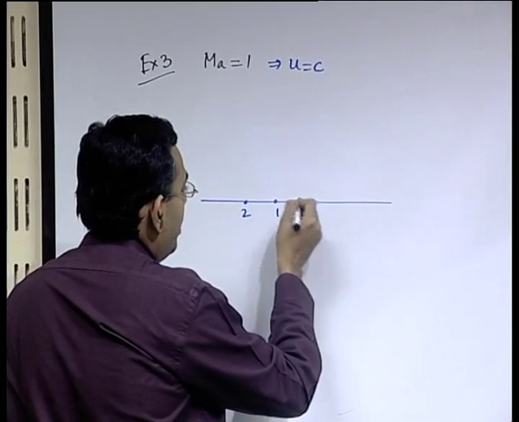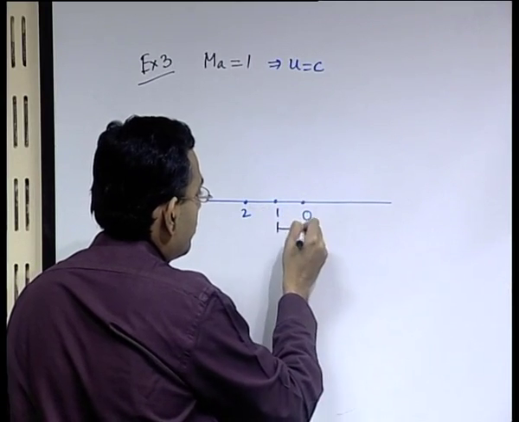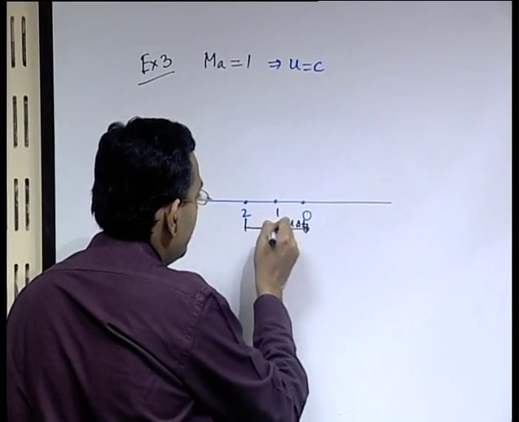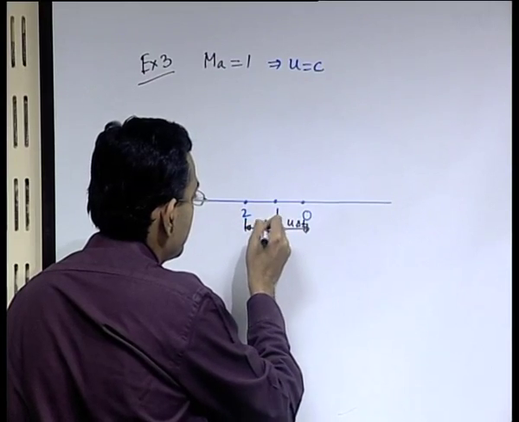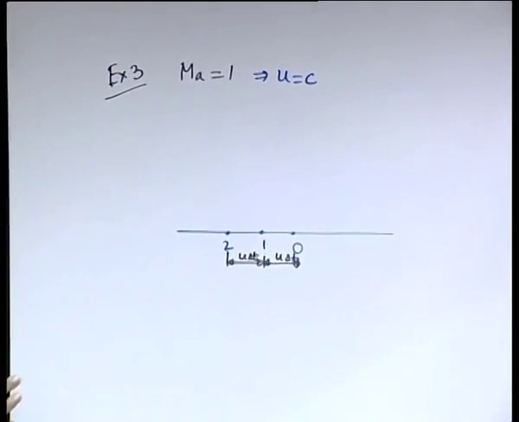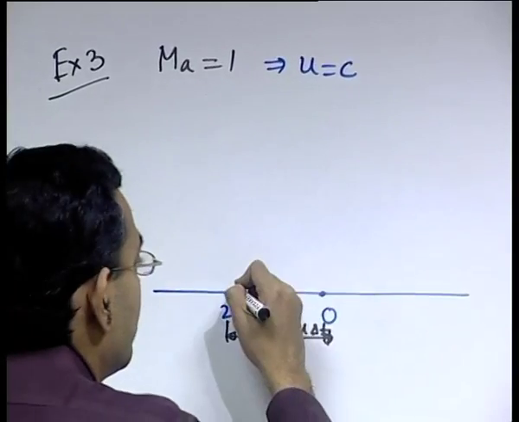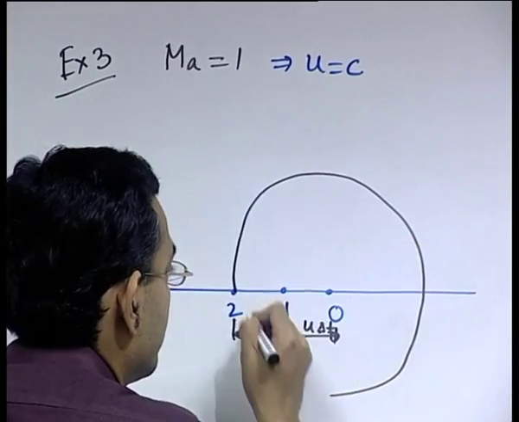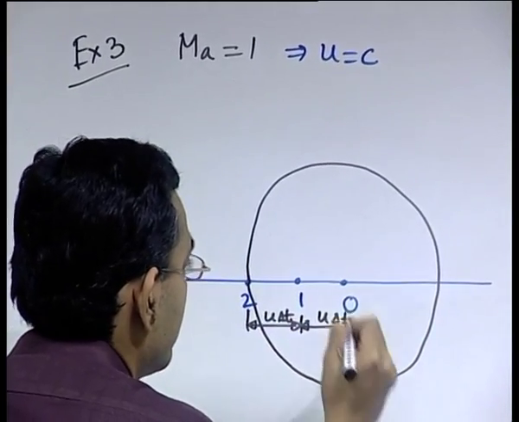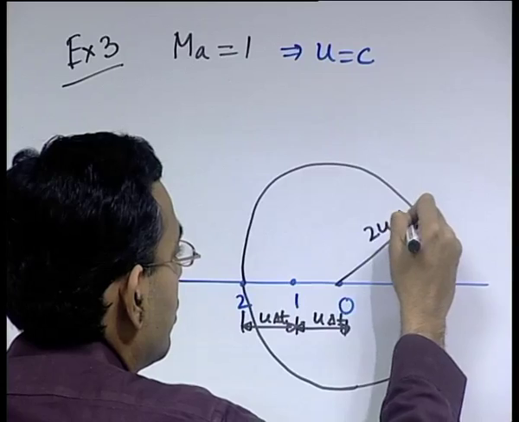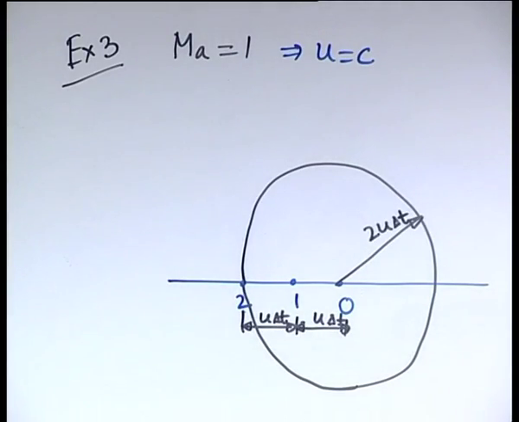So by the time this moves over u delta t and again another u delta t, the disturbance moves by the same amount, because u and c are the same.